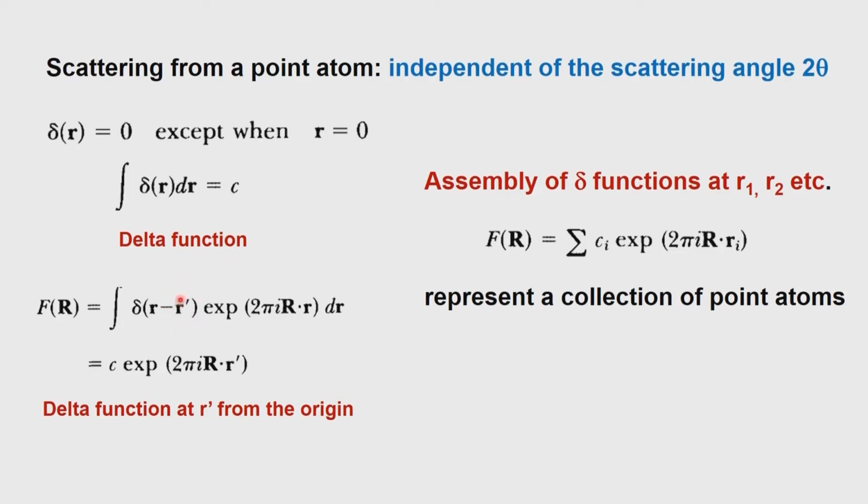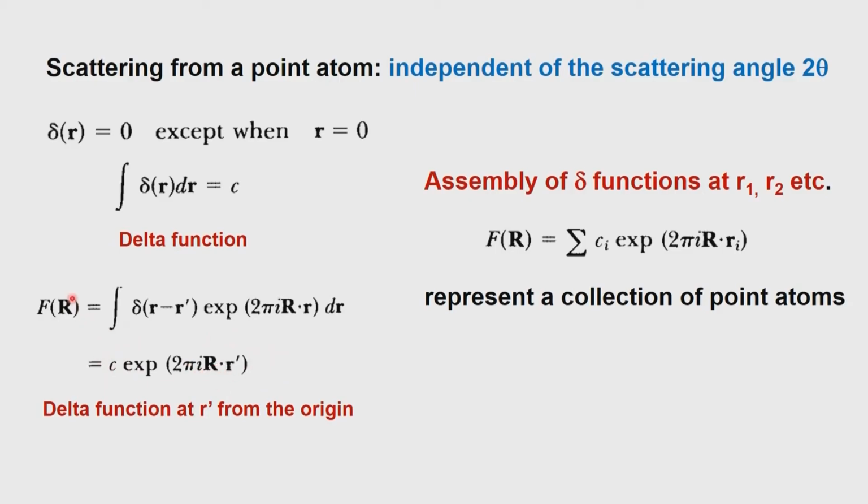It is located at a distance r prime from the origin, and therefore we get this expression. Then we have the phase factor coming in, and the delta function is at r prime from the origin, and then we will get this expression C, which is still the total number of electrons, multiplied by the phase factor, which is exponential 2 pi i r dot r prime.